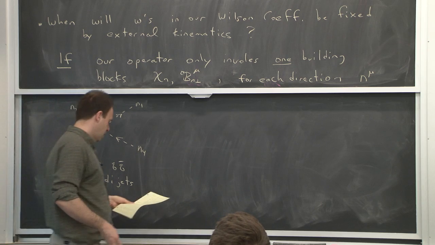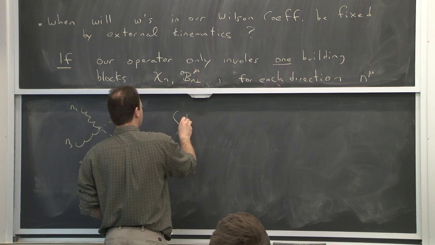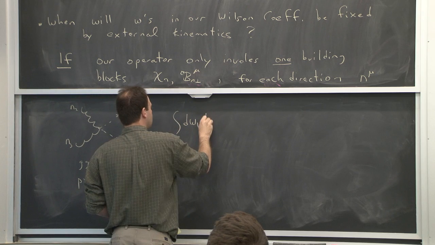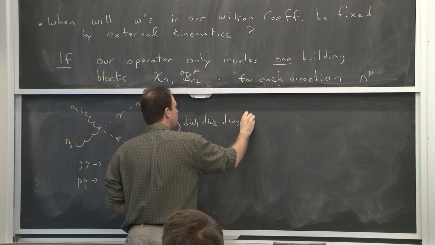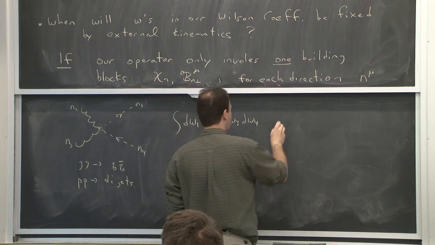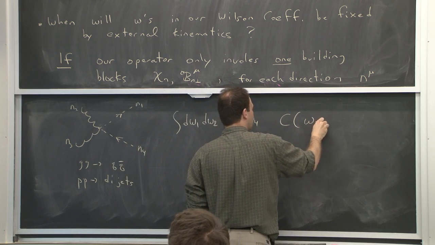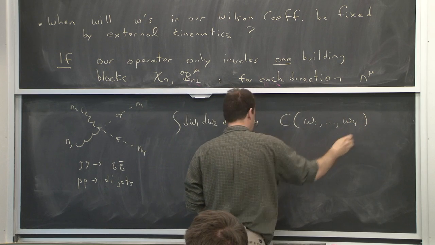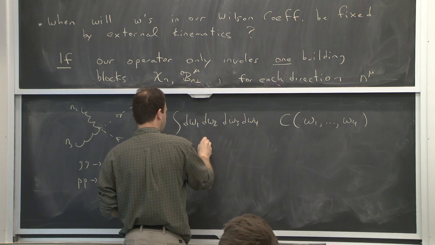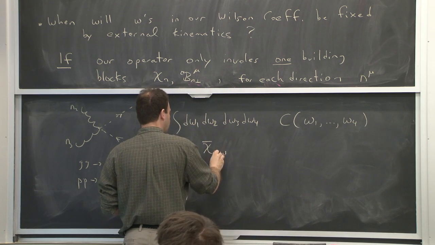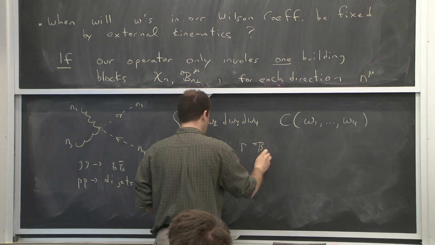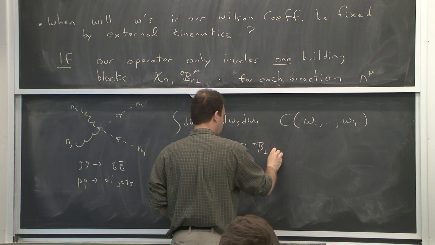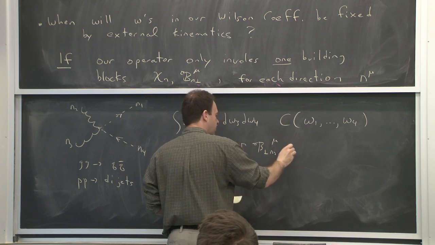And so what kind of operator would you write down for that? Well, you'd have dω1, dω2, dω3, dω4. You'd have a Wilson coefficient that could depend on 4 different ω's. And you'd then write down some operator out of building blocks, n1, ω1. I'm not going to worry about all the indices, but I'll worry about some of them.